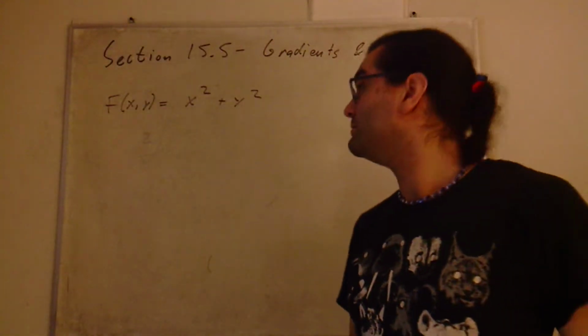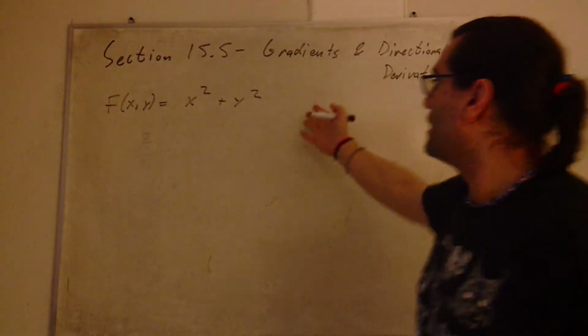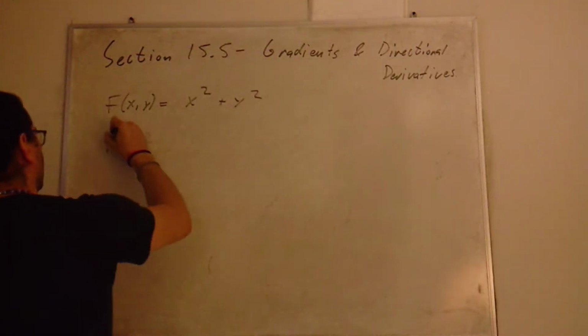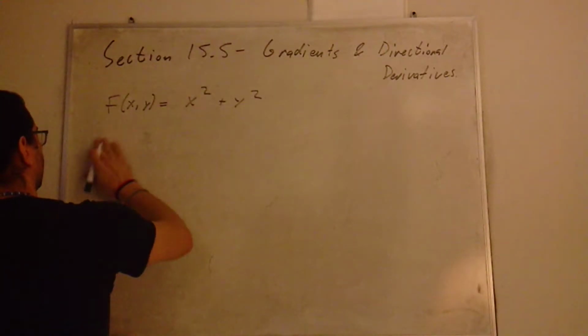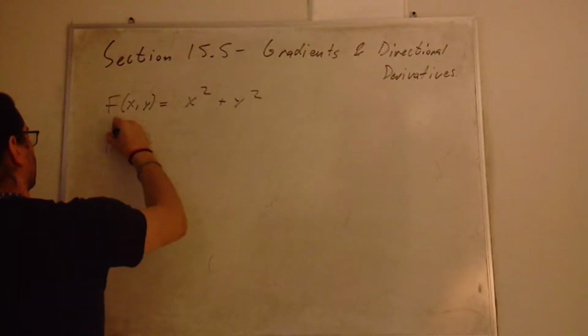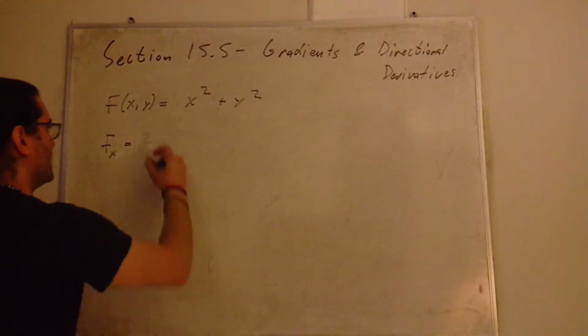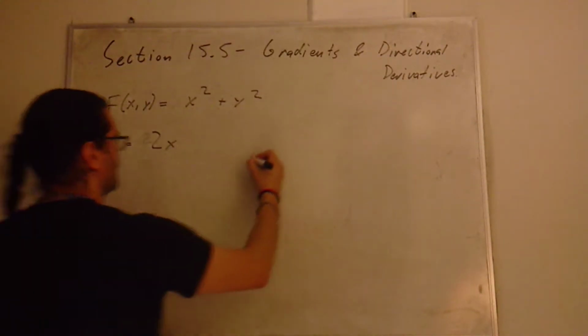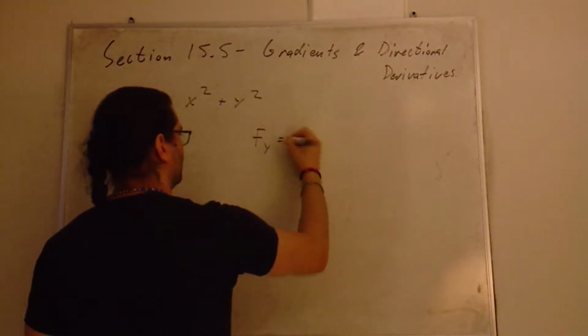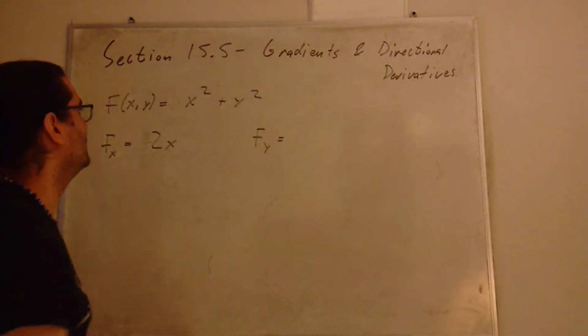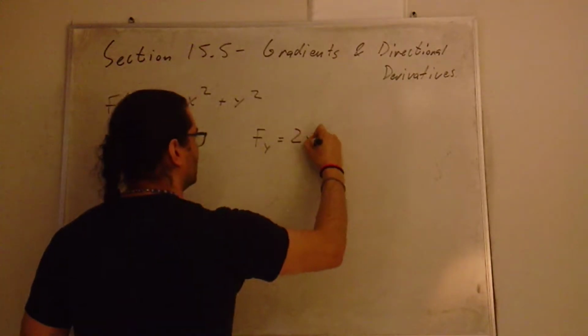It's very nice. We know from the last section that the derivative with respect to x, which is sometimes called f sub x, is 2x. And the derivative with respect to y, which is sometimes called f sub y, is 2y.